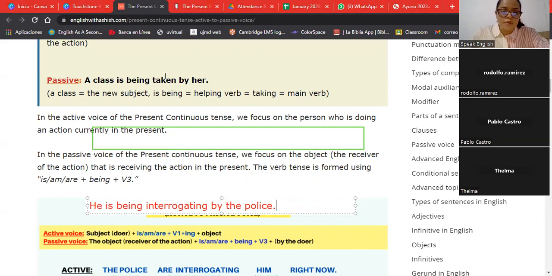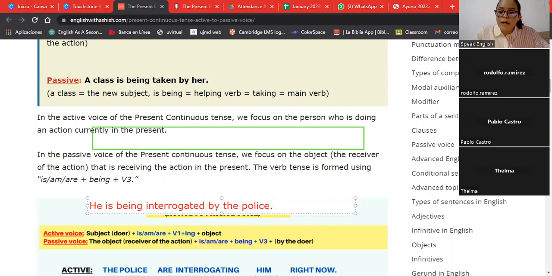We have the verb to be in the base form, right? Then the verb in continuous form. And what about the other verb? Verb in past participle. What is the past participle of interrogate? Interrogated. Very good.